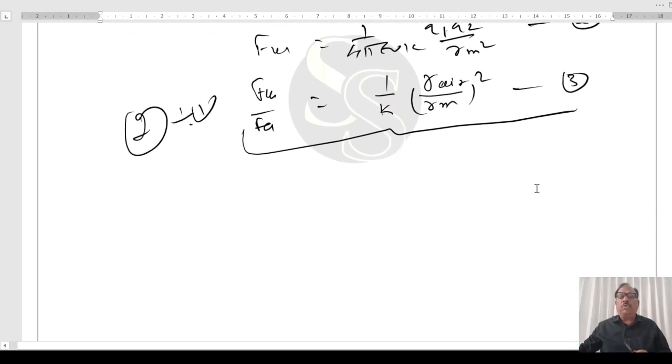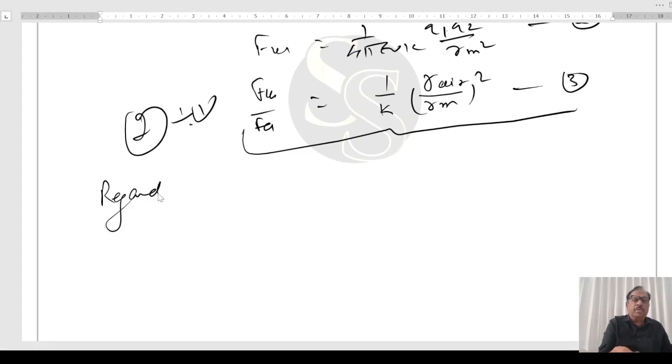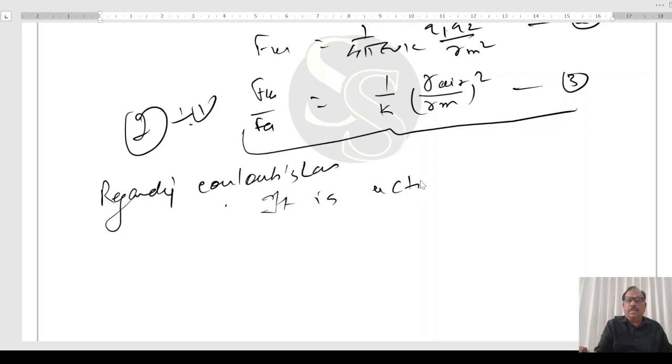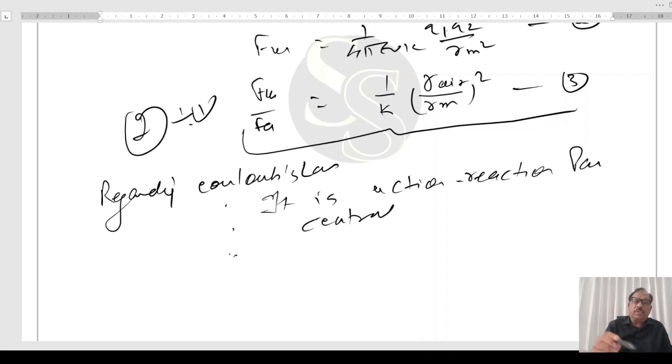Before substituting the values, I will discuss certain points regarding Coulomb's law. It is an action-reaction pair. It is a central force, which means it depends only on the distance between the 2 points.